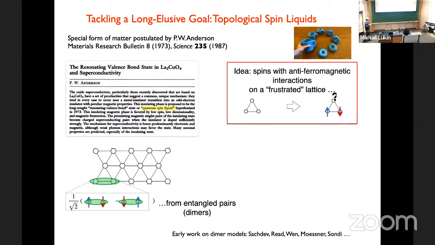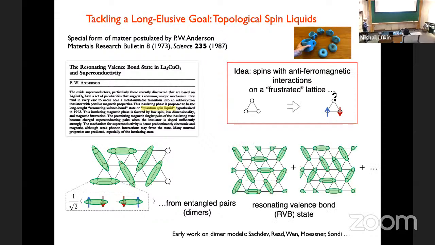The final state of the system will essentially be the state where all of these dimers cover the entire lattice. But because there are many possible configurations of these dimers, the state should be a coherent superposition of all of these possible dimer coverings.